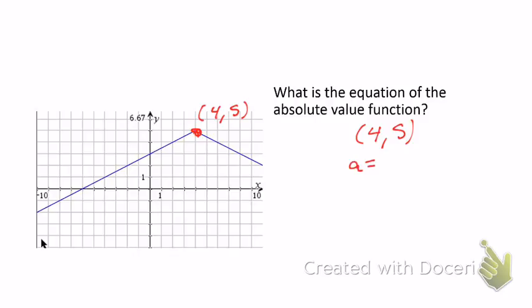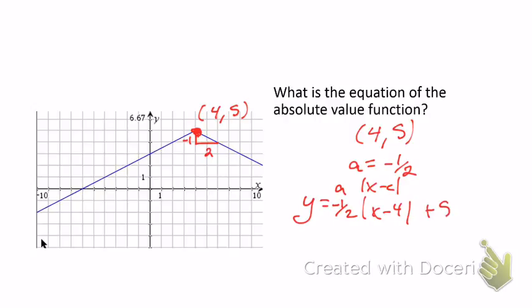So from our first point here, I see I go down 1, right 2. So a is equal to -1/2. So this would tell us our equation is y is equal to a, which is -1/2, we have x minus c, or in this case x minus 4, plus 5. And that's all we have to do.